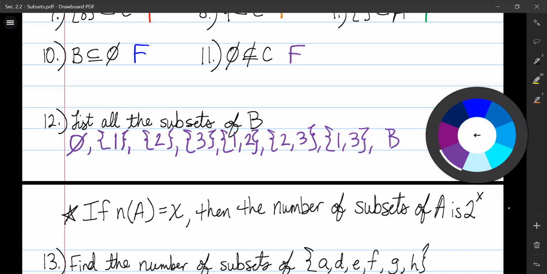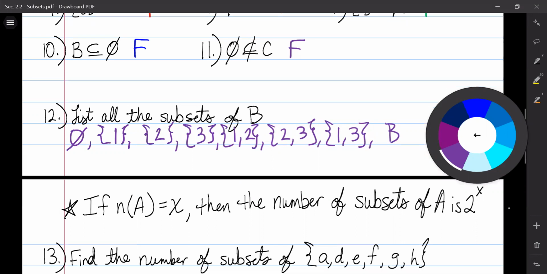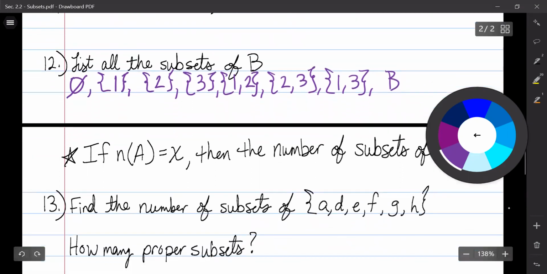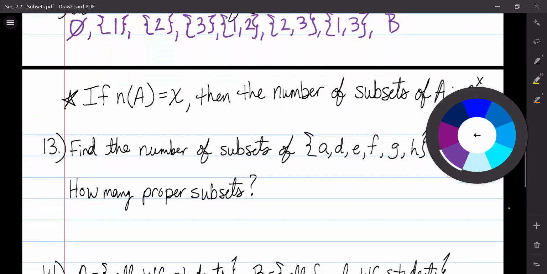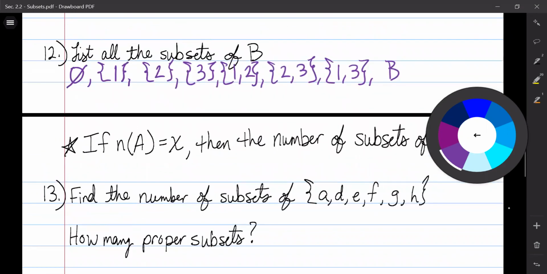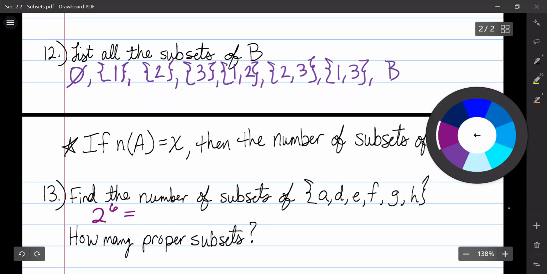All right. So to find the number of subsets, you do 2 to the power of how many elements are in the set. So for number 13, that set has 6 elements. So if we want to know how many subsets it has, we would do 2 to the power of 6, which equals 64.